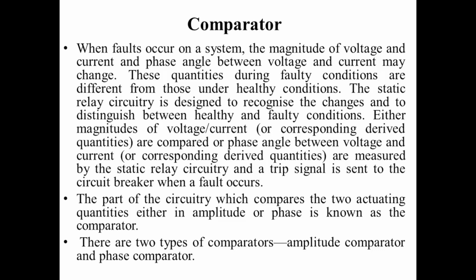In a power system, in the normal condition, no fault occurs on the system. When a fault occurs on the system, the magnitude of voltage and current and the phase angle between voltage and current may change. These quantities during faulty conditions are different from those under healthy conditions. Healthy condition means no fault occurs on your system.